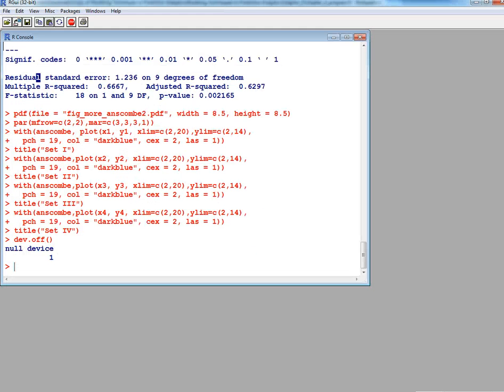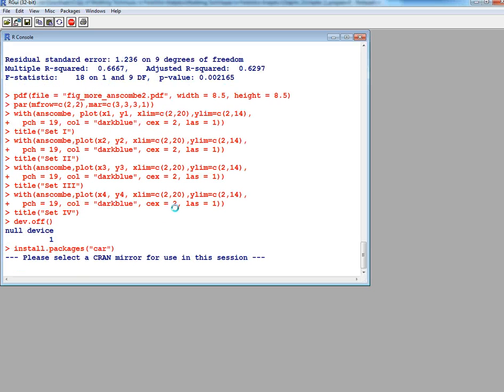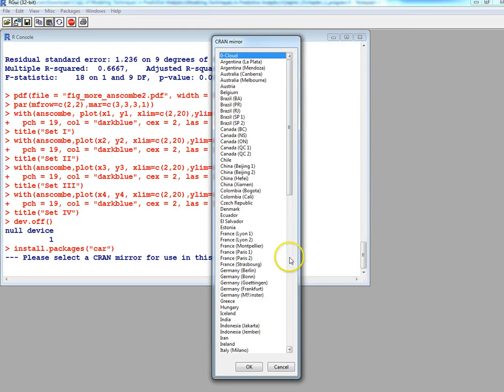You could do it this way. I think this works. Then you have to select a mirror.